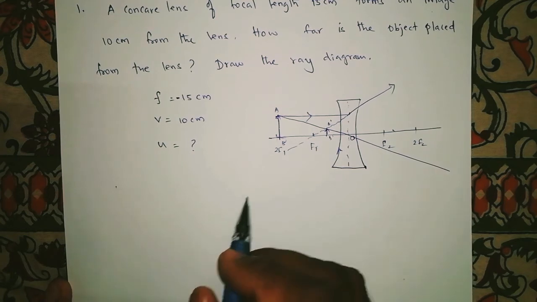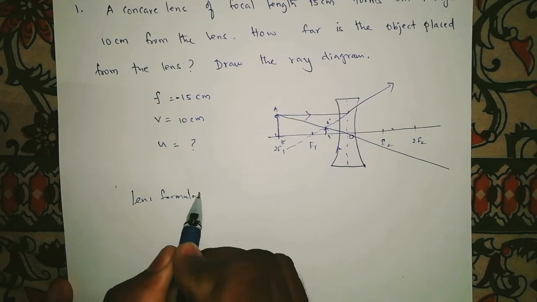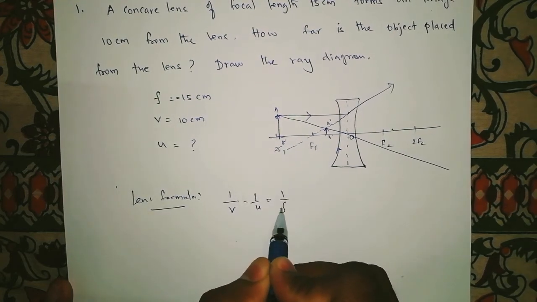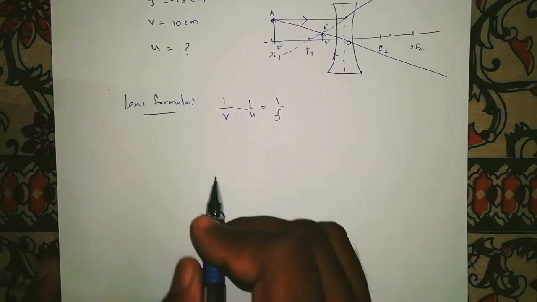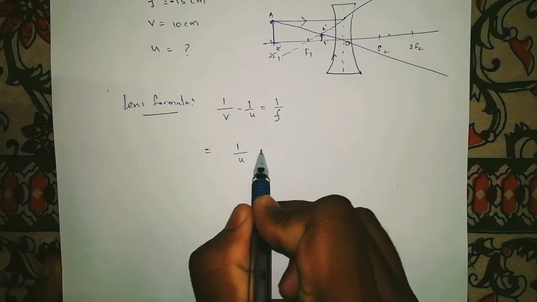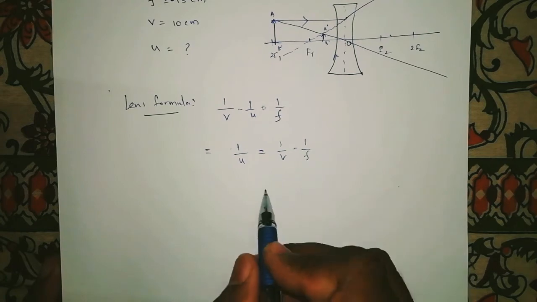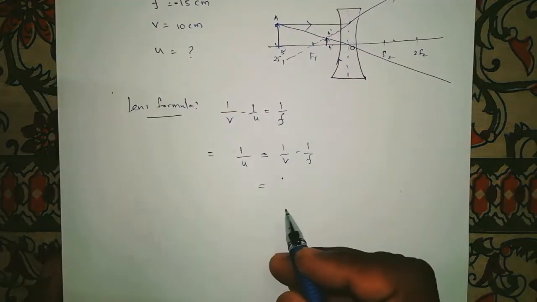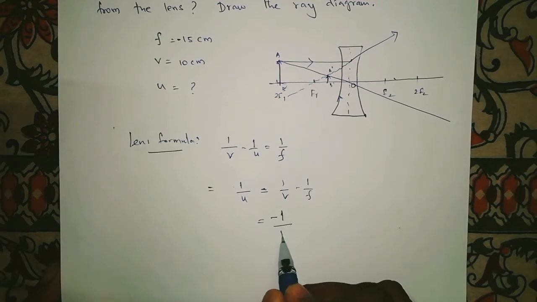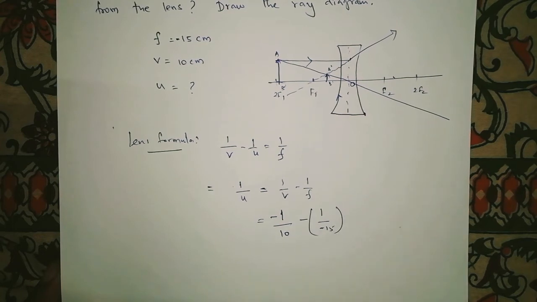So here you find the lens formula. What is the lens formula here? 1 by V minus 1 by U is equal to 1 by F, right? So we need only 1 by U, so I can take that 1 by U and keep the other on the other side. So substitute all these things what we have in our hand. So V we have, so write it as minus 1 by 10 minus 1 by minus 15.